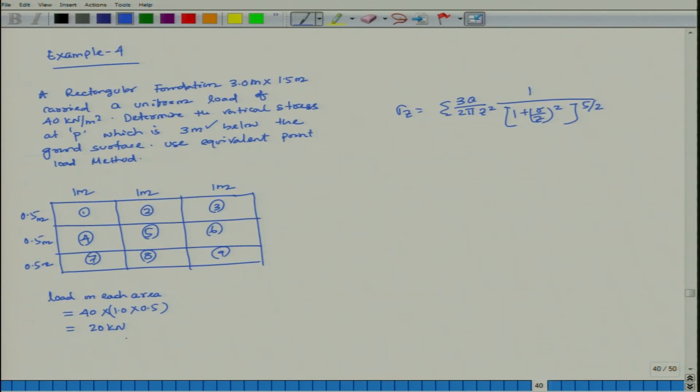Now, for areas 1 and 4, this area and this area, r is equal to root over of 1.5 whole square plus 0.25 whole square.